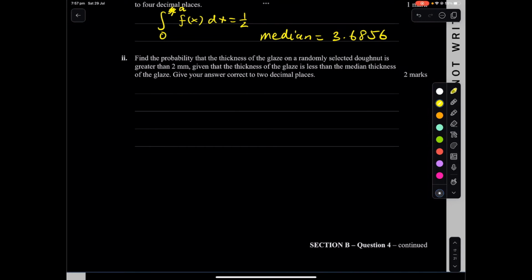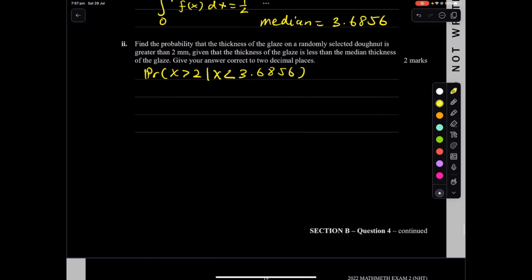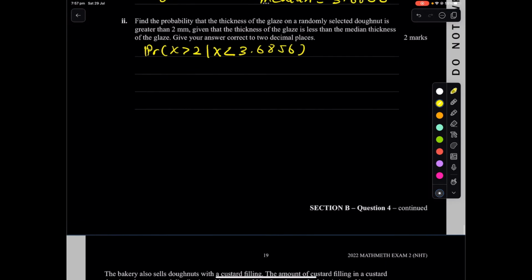Find the probability that the thickness of the glaze on a randomly selected donut is greater than this. So we want to find the probability that x is greater than 2, given that the thickness is less than the median, so x is less than 3.6856.